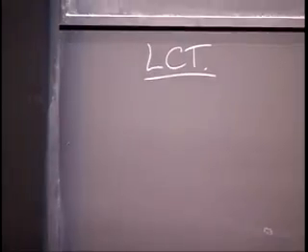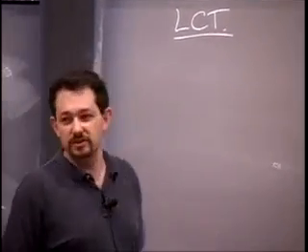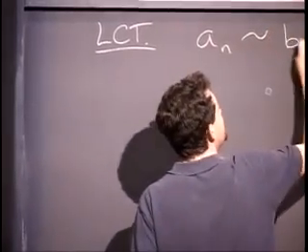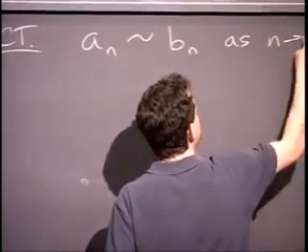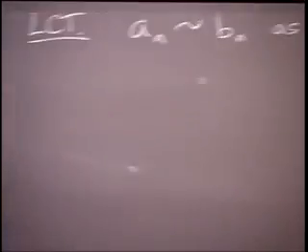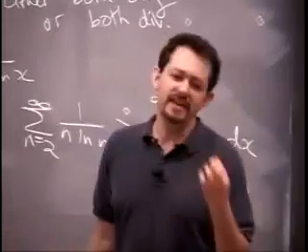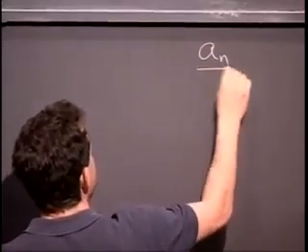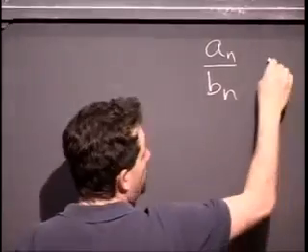The limit comparison test, to set this up, we need a twiddle notation. We need the concept of a_n twiddle b_n as n goes to infinity. Okay, what should that mean? If a_n actually equals b_n, then the ratio a_n over b_n would actually equal 1.